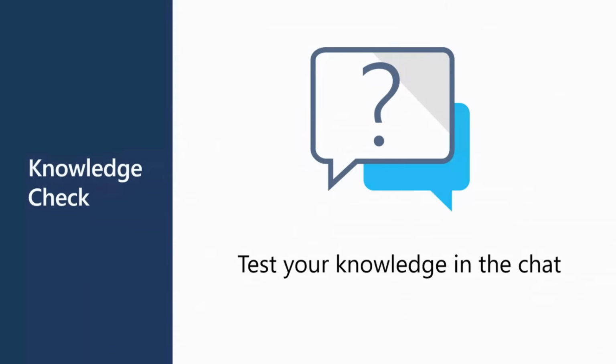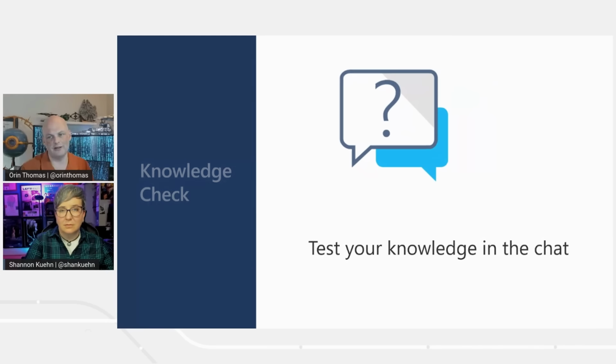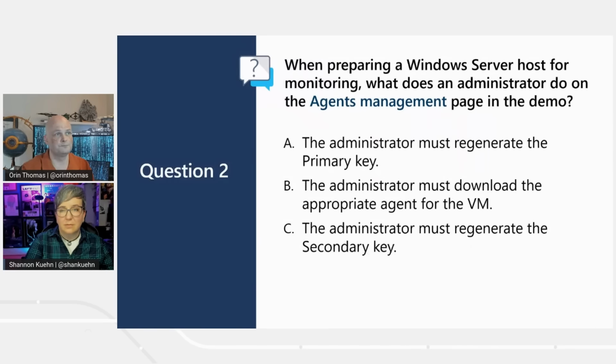Okay, we have another knowledge check. When preparing a server host for monitoring, what does an administrator do on the agents management page in the demo? Okay, so what do we do? Well, were you paying attention to the demo?